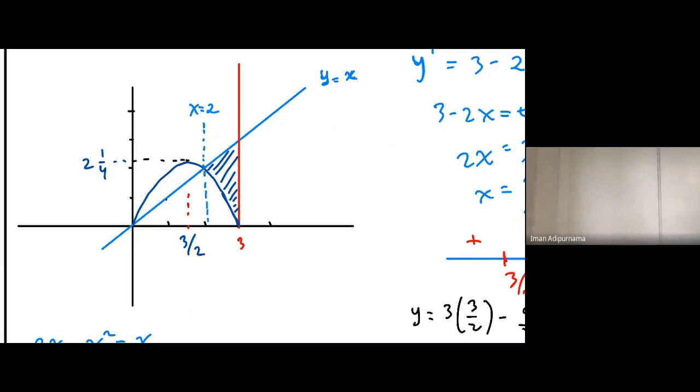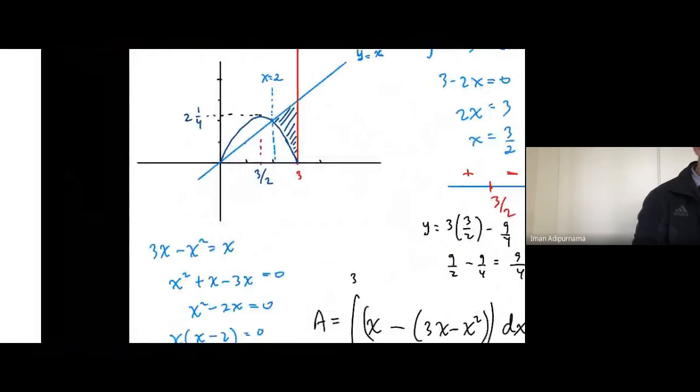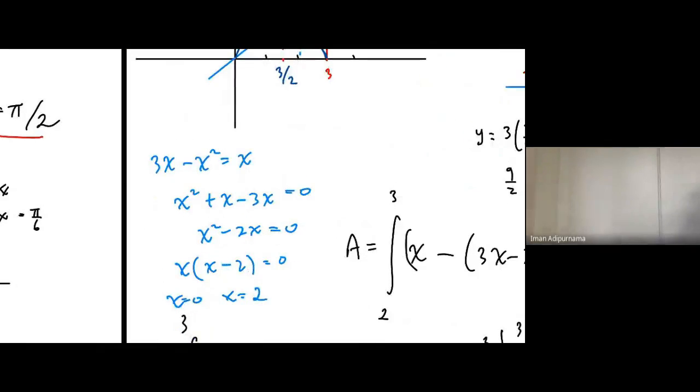So first, you can check these intersections, and I think this is 0, right? But we need to know this, so we can check. These equations become quadratic functions, right? And we can factorize. We can check it's 0 and the other one is 2, so it's correct. So that's for the x.